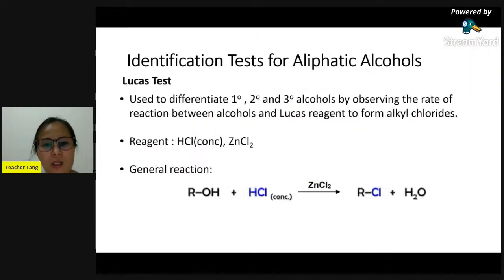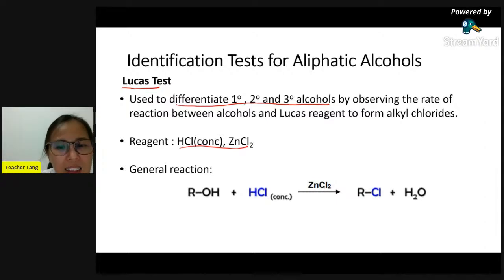So we look at the Lucas test first. The Lucas test can be used to differentiate primary, secondary, and tertiary alcohol. Basically, the reagent is HCl and zinc chloride. HCl and zinc chloride make the reaction more susceptible to SN1.